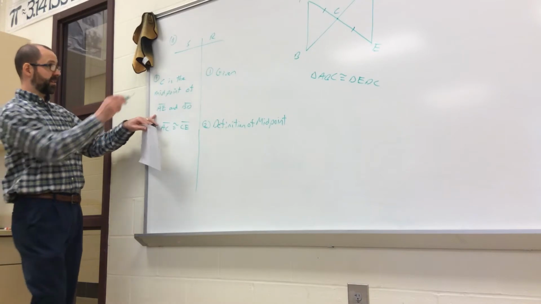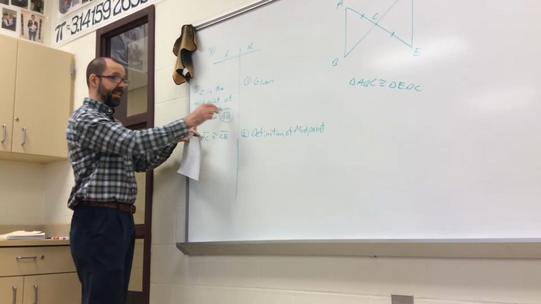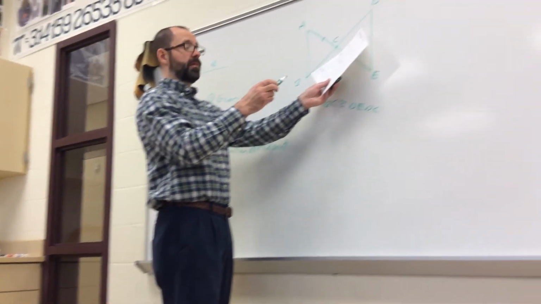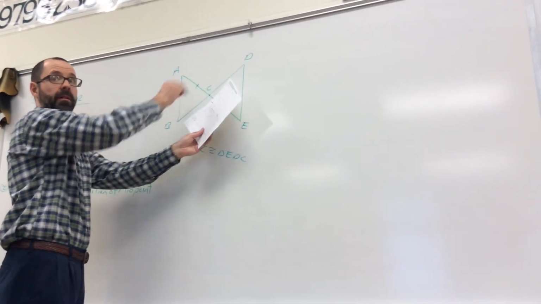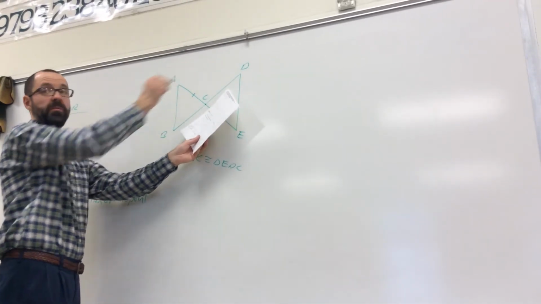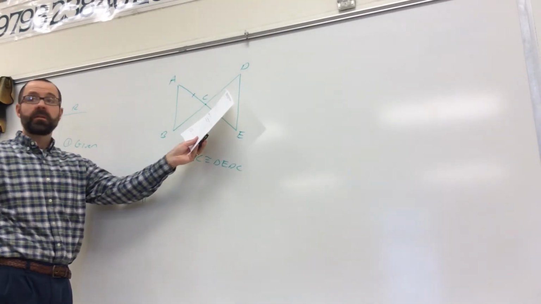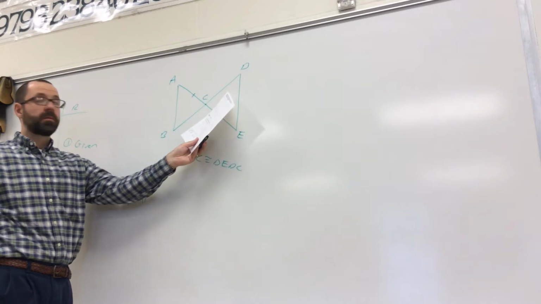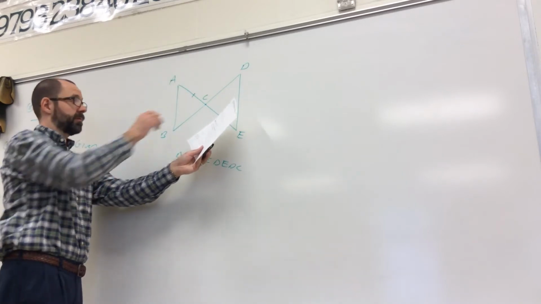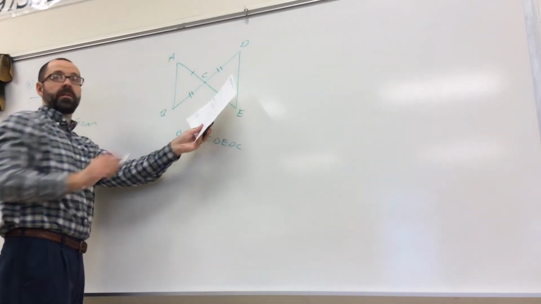Okay, it also says that C is the midpoint of BD. So look at BD. That's that. So if C is in the middle between B and D, what does that tell us? BC congruent to CD, right? BC congruent to CD.